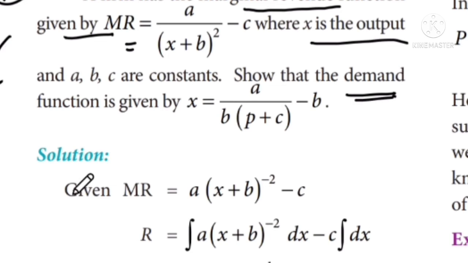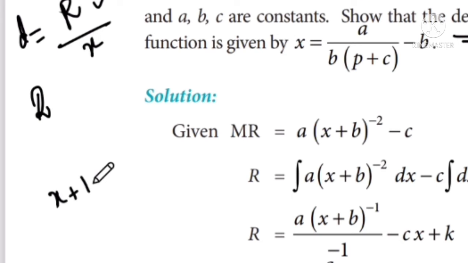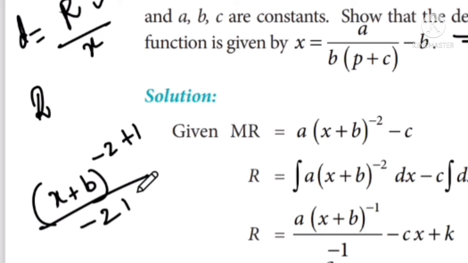To find R, integrate this marginal revenue. So the marginal revenue is a by (x plus b) the whole square. Take it to the numerator, (x plus b) the whole power minus 2, minus c. The denominator's power 2, if you take it up, will become minus 2. Now you integrate. So what is the integration of (x plus b) to the power minus 2? It is (x plus b) to the power minus 2 plus 1, that is n plus 1, by n plus 1, which is minus 2 plus 1.